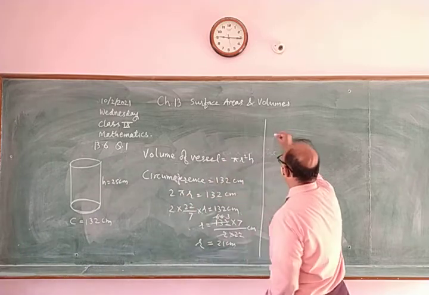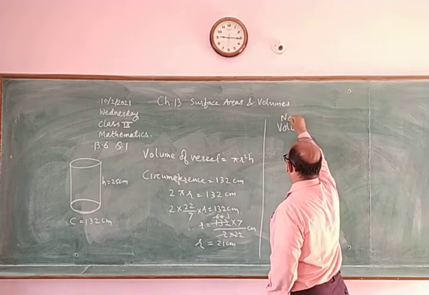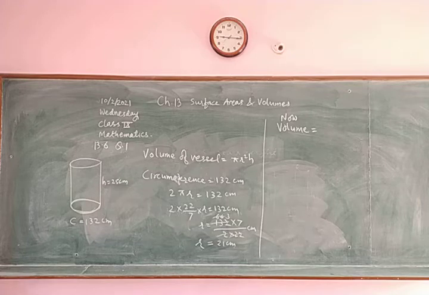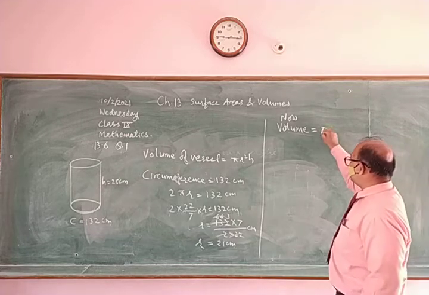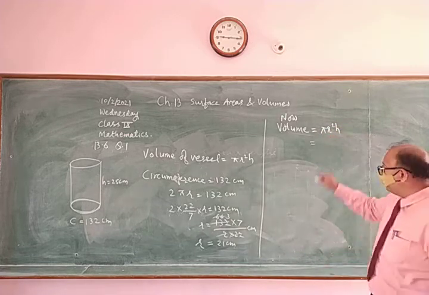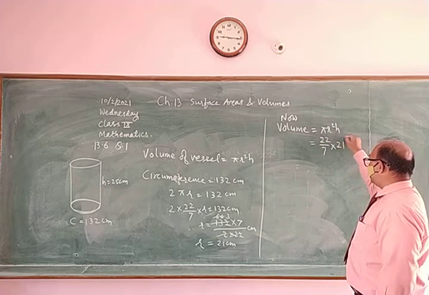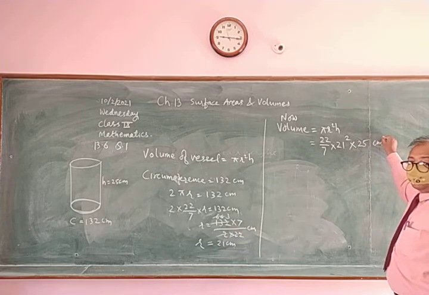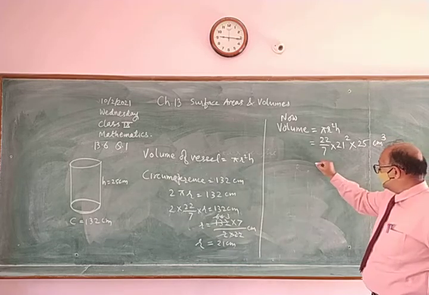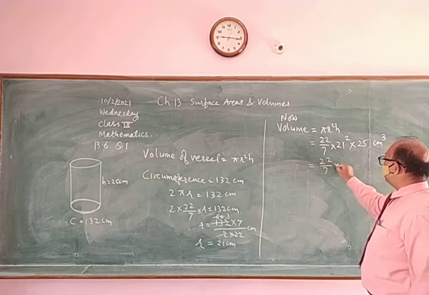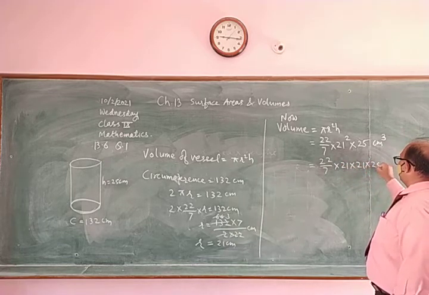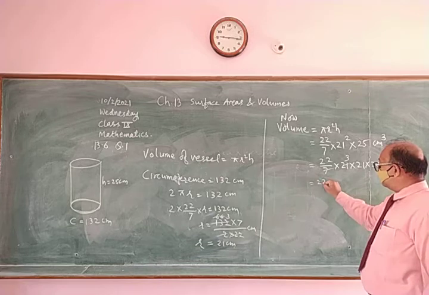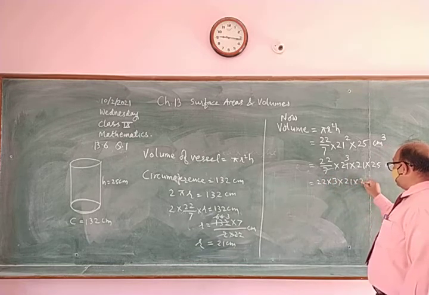Now volume is equal to pi r square h, which is 22 by 7 into 21 square into 25 cubic centimeter. 7 3s are 21, so it is 22 into 3 into 21 into 25 cubic centimeter.